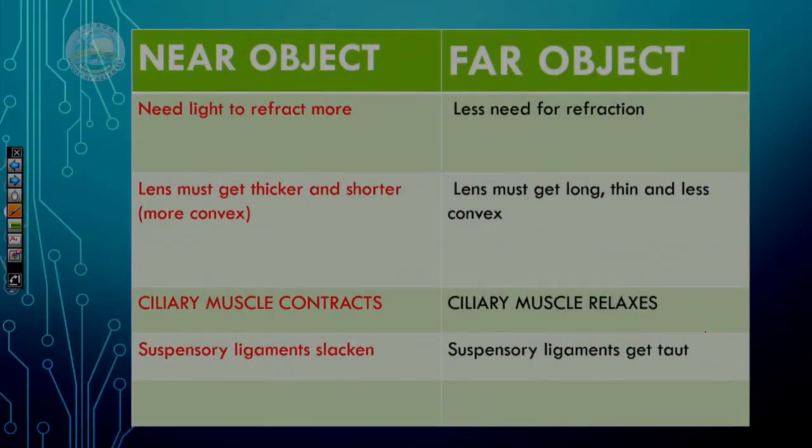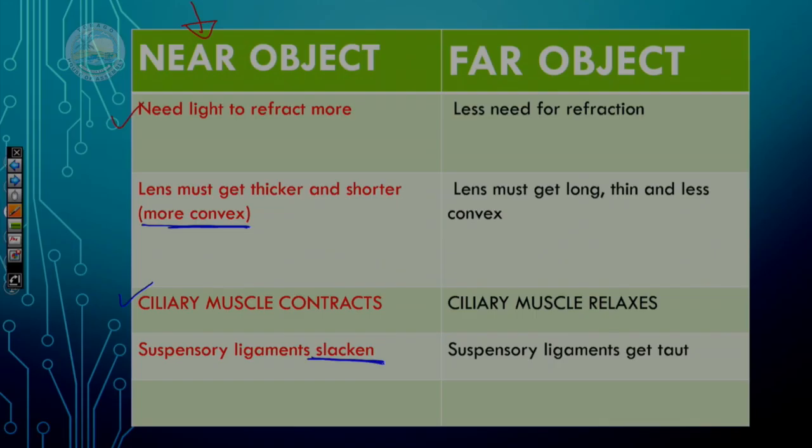So let us go over this again. When an object is near, so we're looking at this column here, you want the light to refract more. In order for that to happen, the lens must get thicker and shorter. So you would say you want the lens to get more convex, more rounded. And for that to happen, the ciliary muscles must contract, and therefore the suspensory ligaments will slacken. So you need to know this.